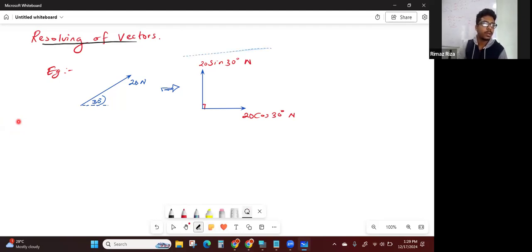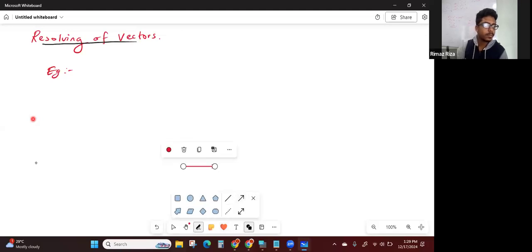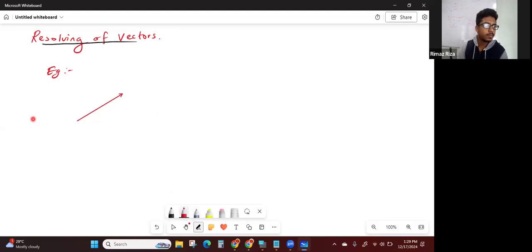Okay, so I'll do another example. Let's say I have a vector, for example, 10 meters per second, which can be a velocity, making an angle, say 45 degrees, with the horizontal.